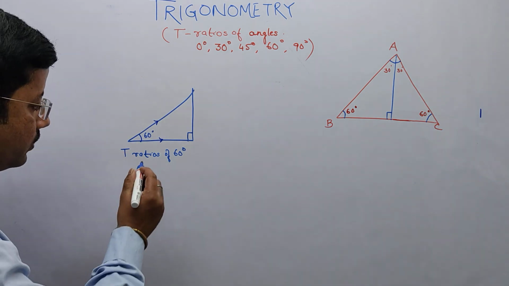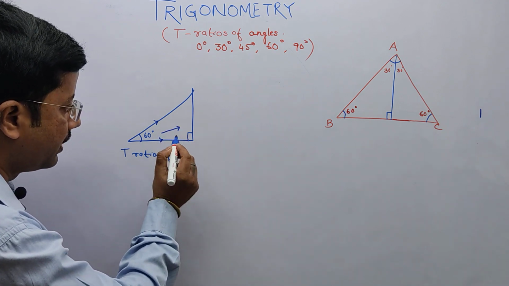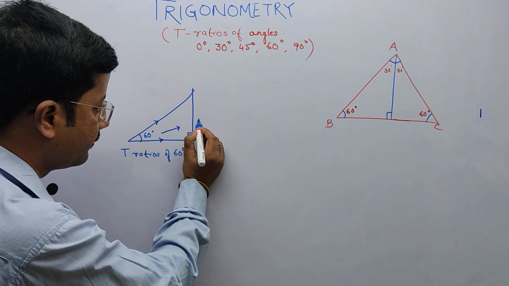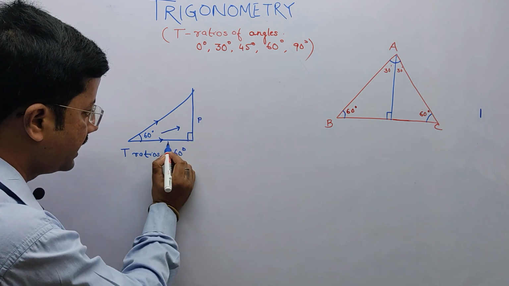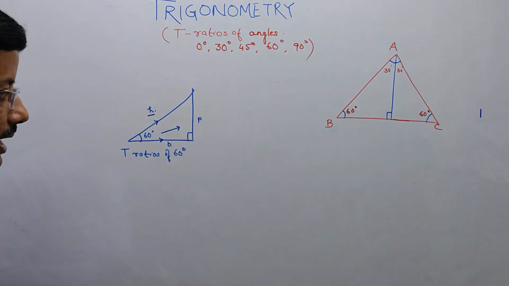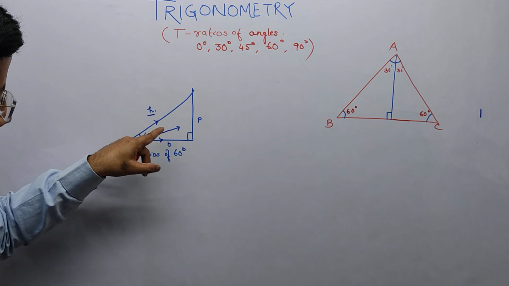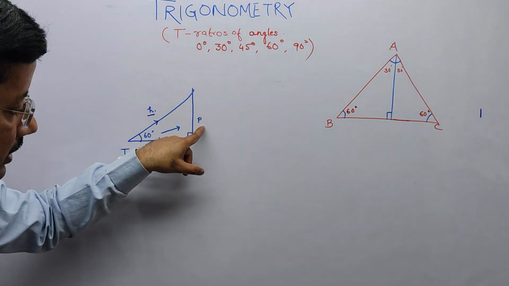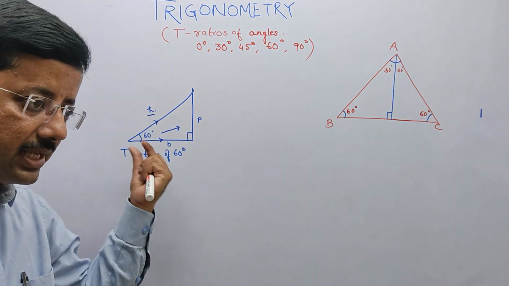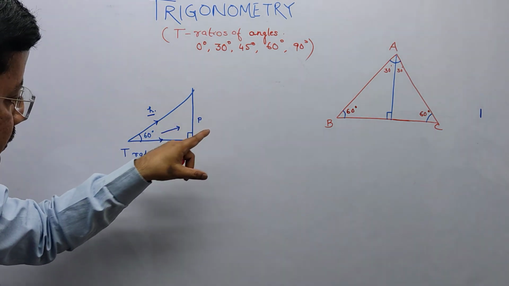Last class I also told you that if you take this theta as 60 degree, then we are bound to take the perpendicular in front of the angle, the base adjacent to the angle, and the hypotenuse is no doubt the hypotenuse.